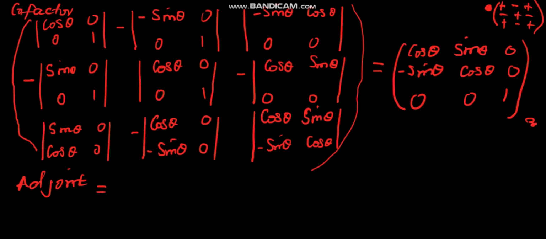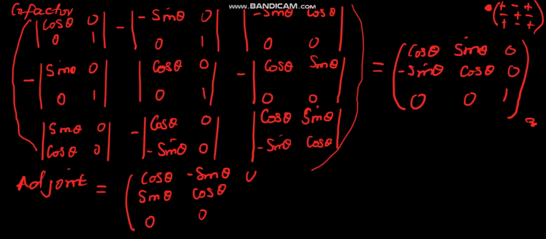When we do that, we have cos theta, sine theta, and the 0 there. Then we have negative sine theta and cos theta here. Then we have a 0, then 0, 0, 1 like this.